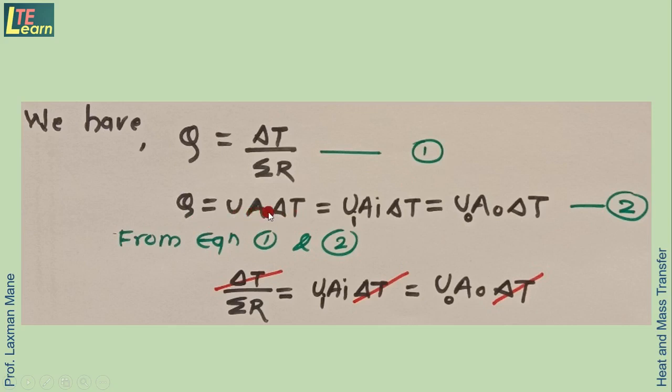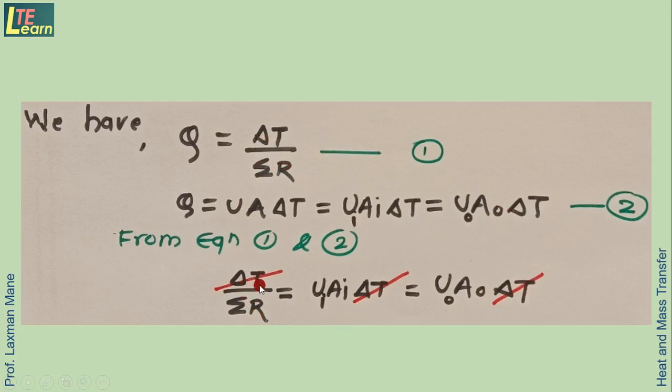Now this equation we can write for the overall heat transfer coefficient based on inner surface area, Ui into inner surface area Ai into the corresponding temperature difference, which is equal to the overall heat transfer coefficient based on outer surface area of the tube, Uo into outer surface area Ao into delta T. So comparing equation 1 and 2, the left hand side is the same, so equating the right side, delta T upon summation of R is equal to these two expressions.